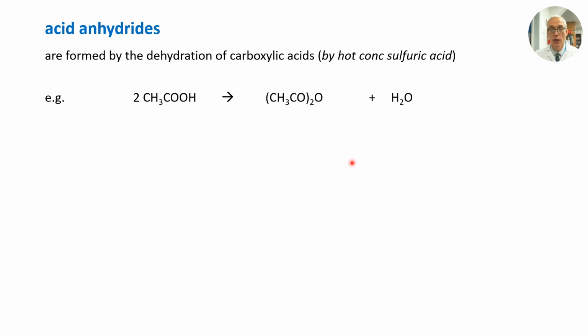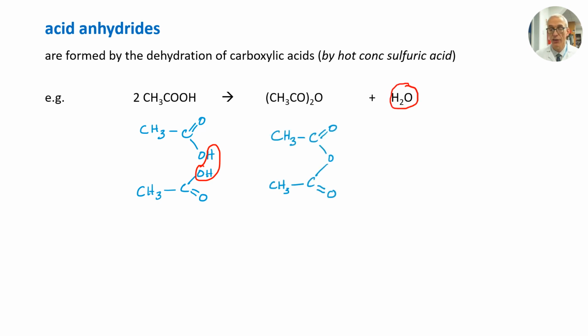Okay, so I'm going to start off by revealing two structures of ethanoic acid, and I'm going to suggest that it's those atoms that are lost to form this water molecule, which explains how this structure is derived.